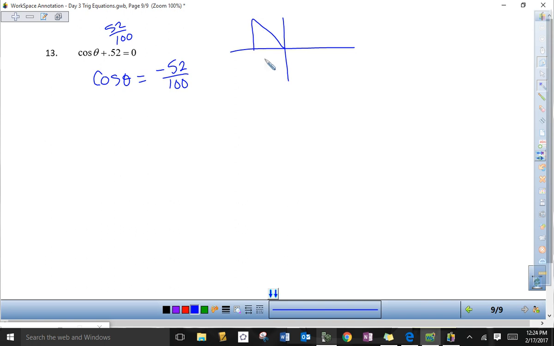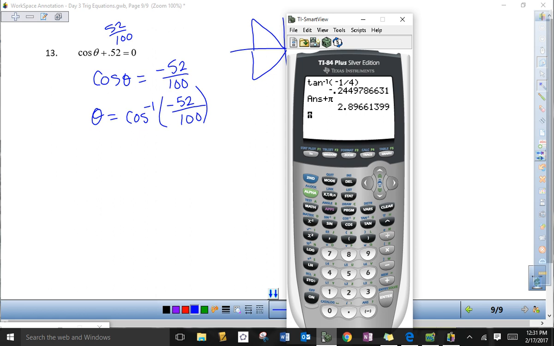We've got second and third quadrant, and we just need to go find the inverse. Because it's not going to be nice, we're just going to use our calculator to find a solution for us. And if you want to change it back to your decimal, you're more than welcome to.